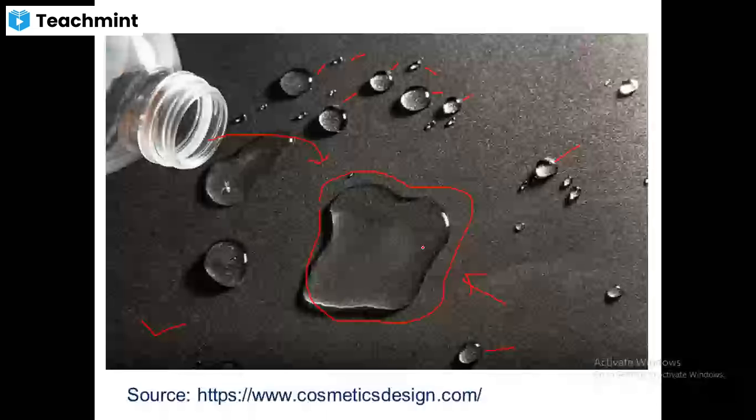So the question is, why is it spherical in smaller drops, and why is it spreading on a glass like this? We'll discuss this in detail.